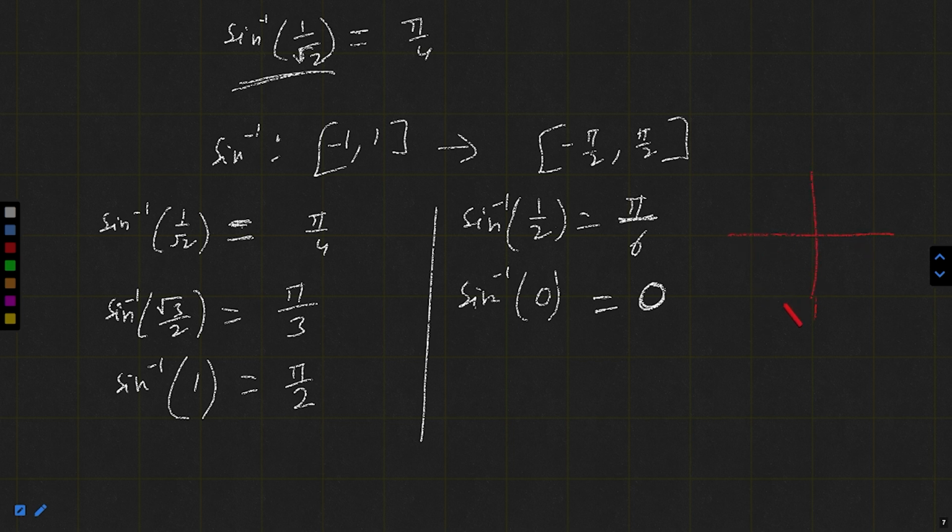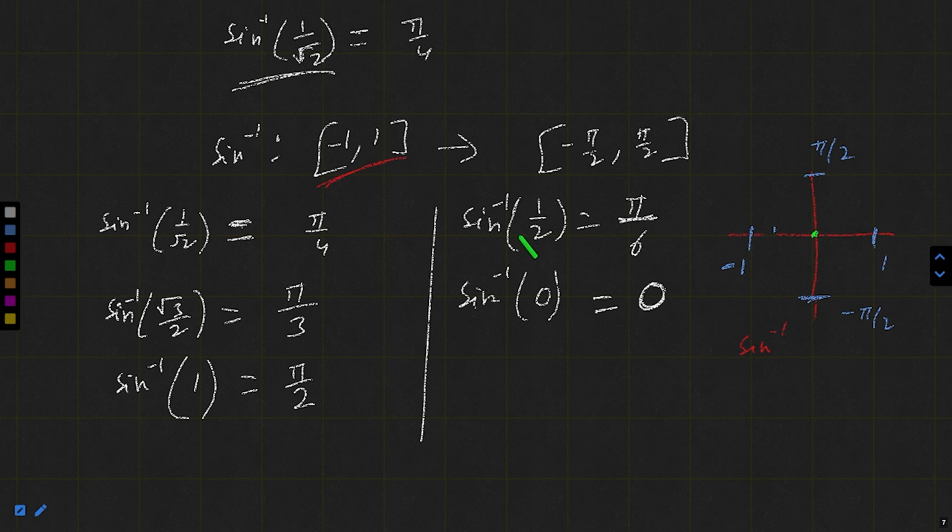For sine inverse, we know the domain is from -1 to 1, and the range will be minus pi by 2 to pi by 2. Now at 0 it is 0.